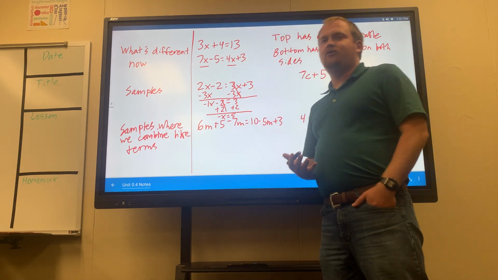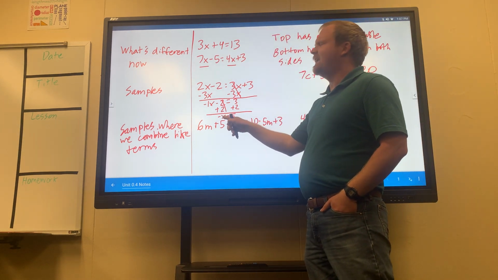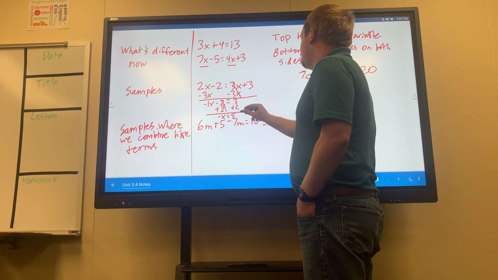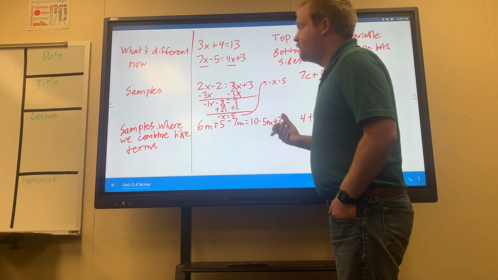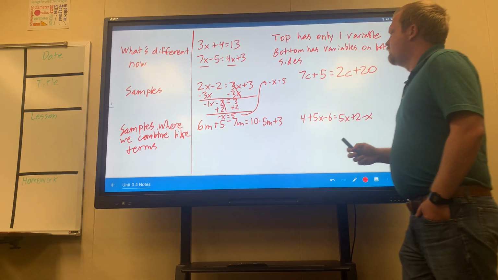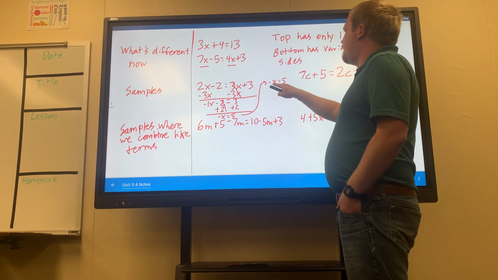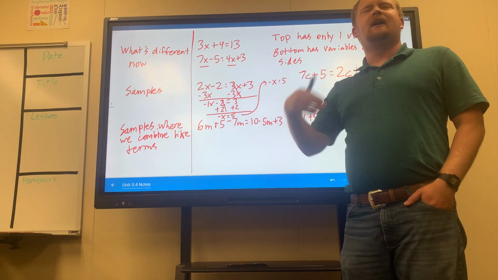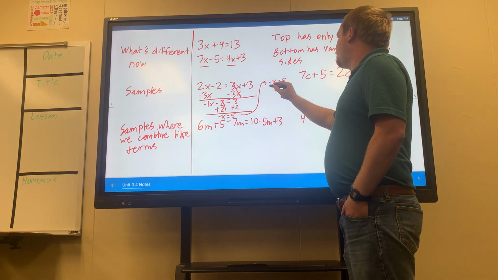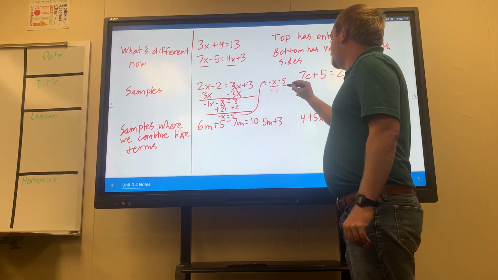Now, that's not my answer, okay? Because I got to have a positive x. So I'm going to rewrite it. You don't have to rewrite it like this. I just didn't give myself enough room. So, in order to get rid of this negative, I want to divide both sides by a negative 1.